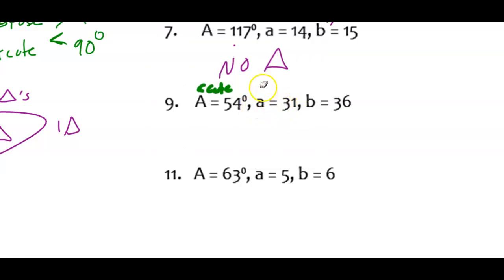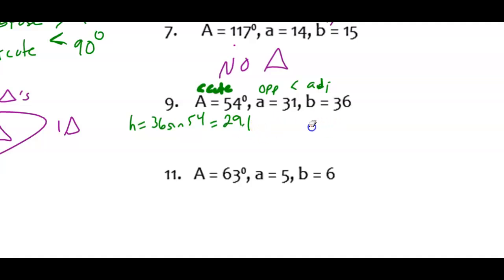Now again, A, the opposite side, is less than the adjacent side. So that tells me that there's 0 or 2 triangles, and I got to check the height again. So just like the last problem, H equals adjacent times sine of the given angle. And in this case, the height is going to be 29.1.